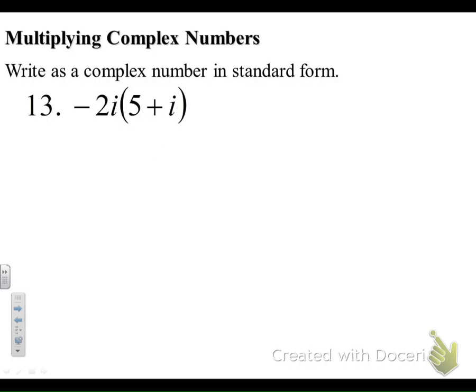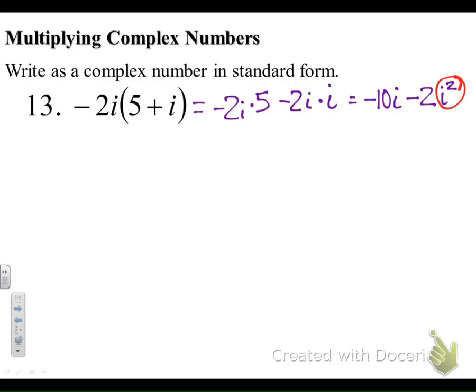If I were to write out the distributive property, we get negative 2i times 5 plus, or I guess, minus 2i times i. First term is negative 10i, but the second term becomes minus 2 times i squared.